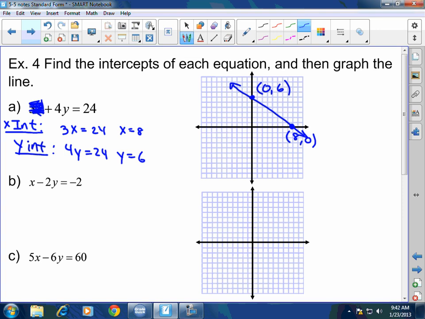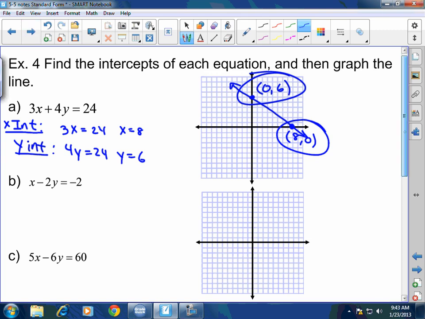So even if you don't want to graph it this way, which is way easier if and only if the coefficients of x and y are both factors of the c, you still have to know how to find my x-intercept and my y-intercept. You have to learn how to find the x and y-intercepts.